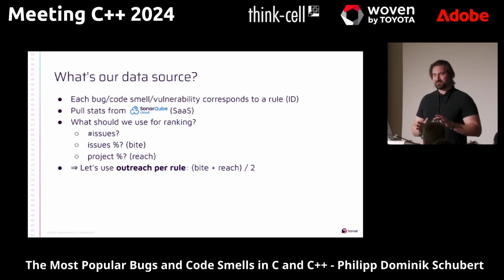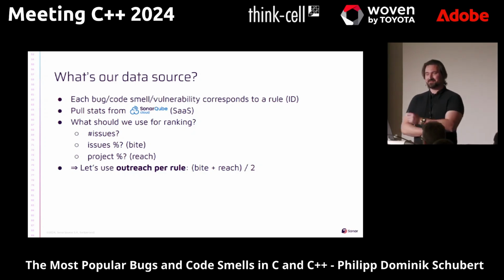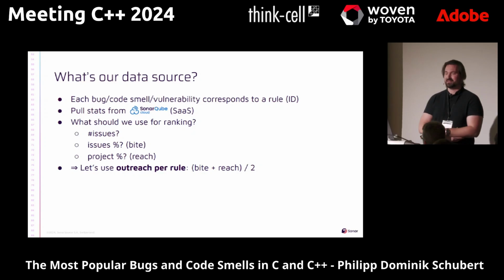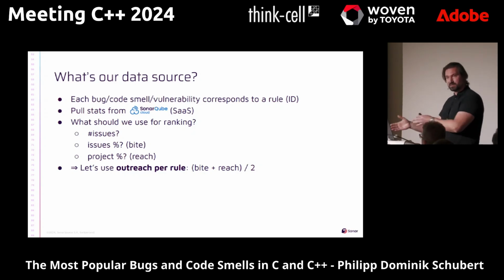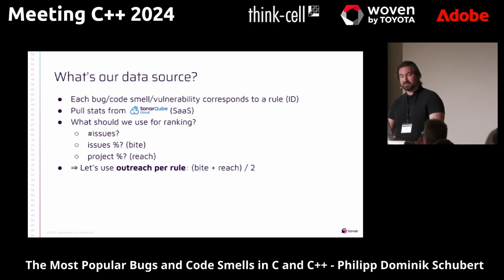And okay, now we have a whole bunch of data, and the question is, what should we use for ranking to create the top 10 list? Should we just rank by number of issues caused by each individual rule?